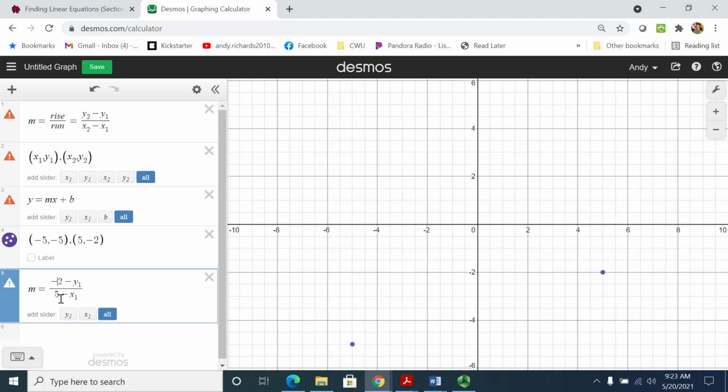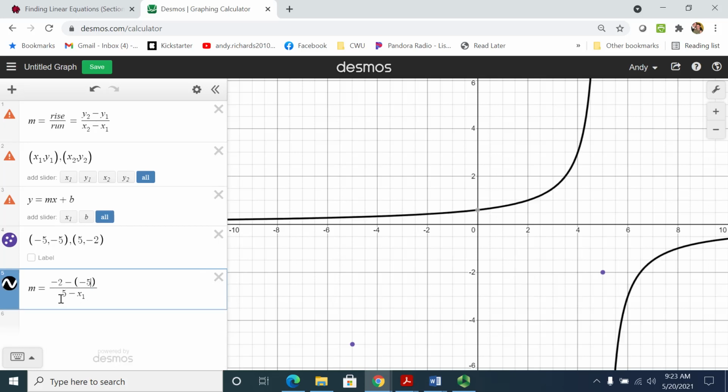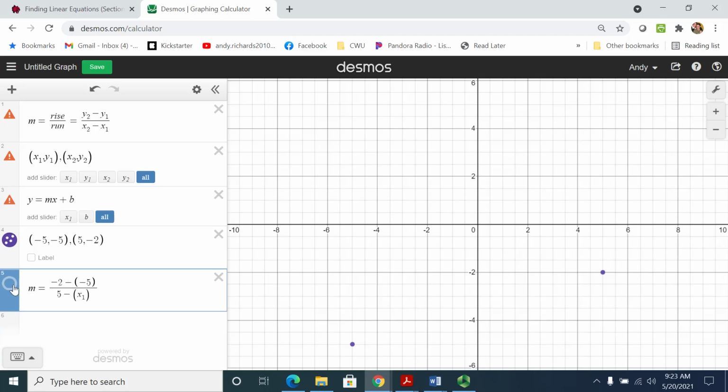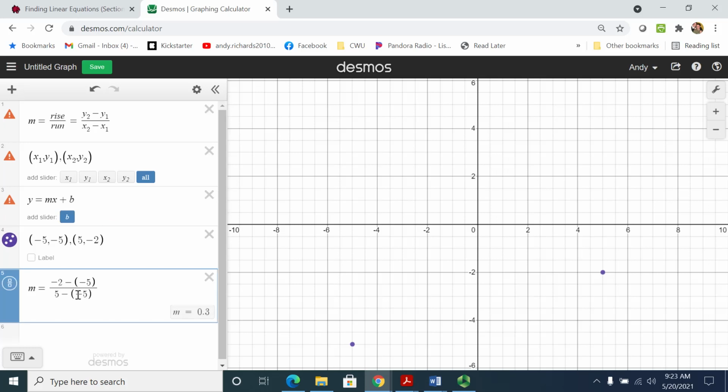You notice that this is going to vertically stack our coordinate, which is what I like to do because it helps me check to make sure that I've got everything where it needs to go. So I would place my y1 in, which is -5, and now I'm going to put in this x1 right here, which is going to be another -5.